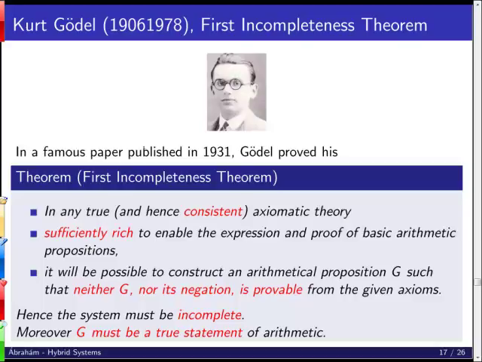What did Gödel do? He said that, exactly: if you have any consistent theory, this is of course the precondition, which is at least as strong as Peano arithmetic, then it will be possible to construct an arithmetic proposition G such that neither G nor its negation is provable. That means it is incomplete.